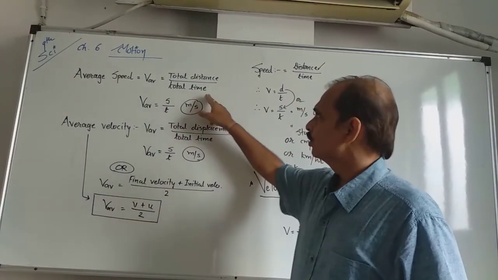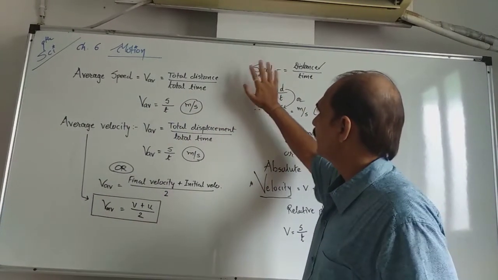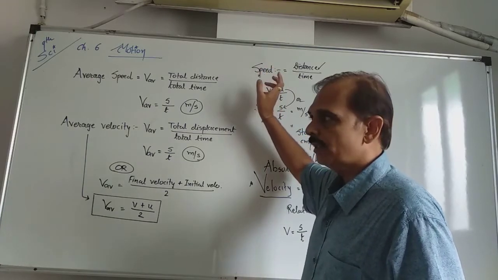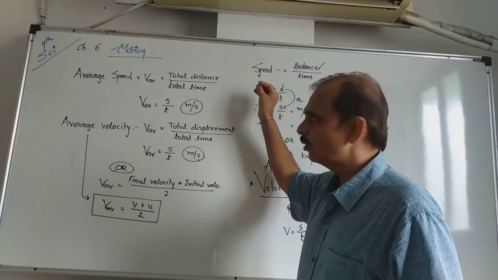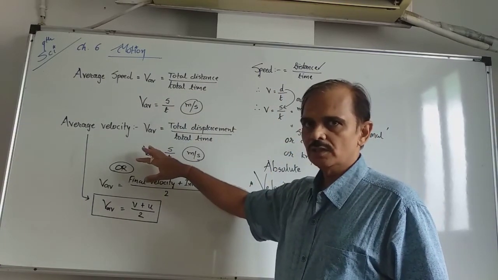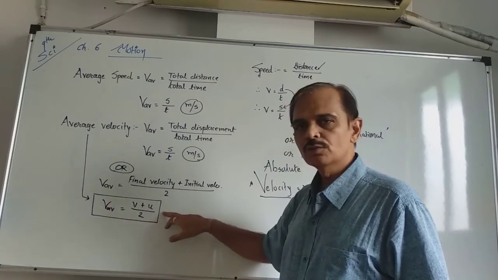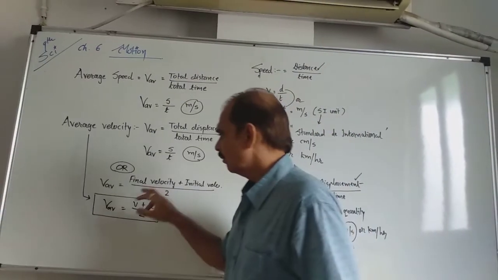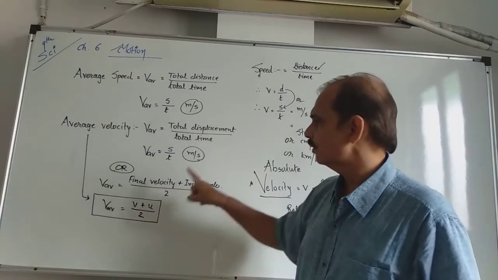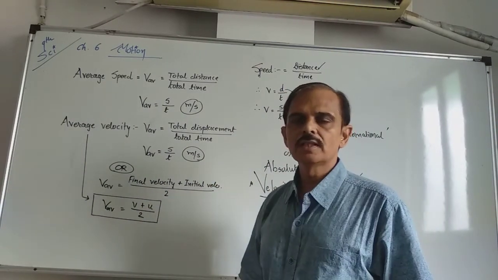Average speed is used when there is no fixed speed. If speed varies, increasing or decreasing, sometimes less or sometimes more, then use average speed. In the same way, you can use average velocity also. The formula for average velocity is V plus U upon 2, where V stands for final velocity and U stands for initial velocity.